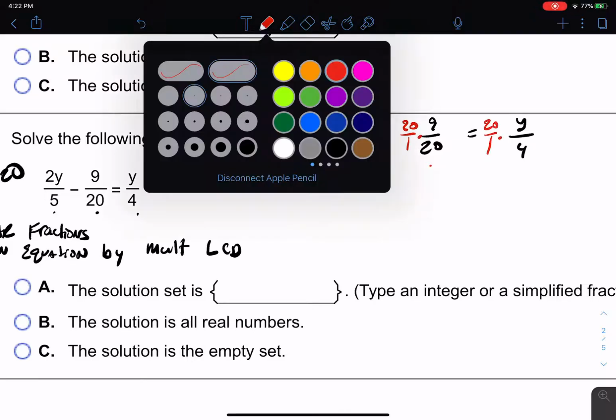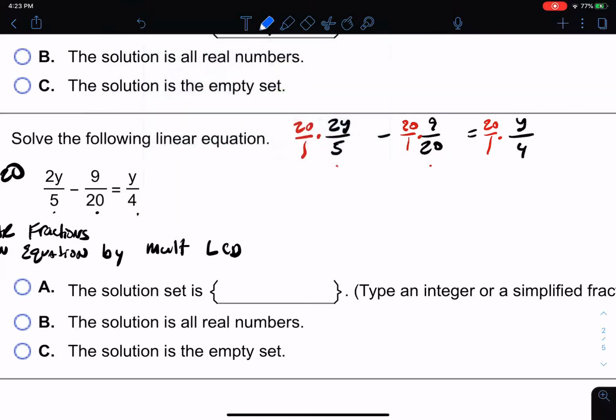Now what I want to do is reduce or simplify common factors. Most people at this stage, intermediate algebra, are just going to say, well, 5 goes into 5 once, 5 goes into 20 four times. What you just did is reduce out the 5 divided by 5, which is 1. That's fine to do it that way, and it's actually the faster way.